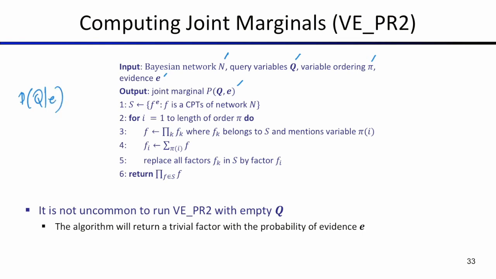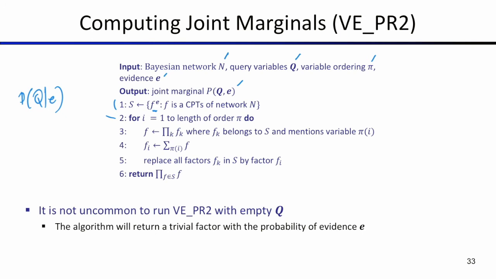What we have to do that's going to be different from the previous algorithm is just this line 1 here. So we set S to be all the factors that we have in the Bayesian network that match the evidence E. And everything continues to be the same. I'm going to iterate over all the variables according to the elimination order pi.